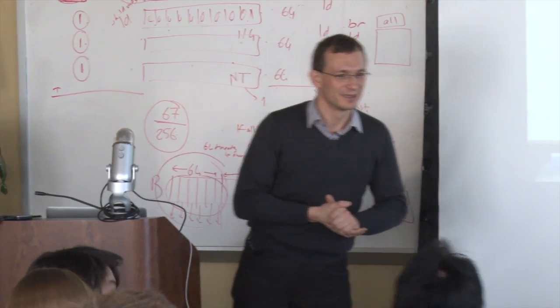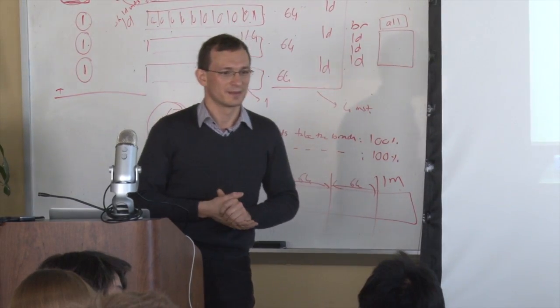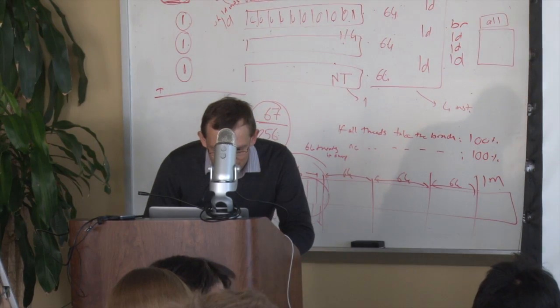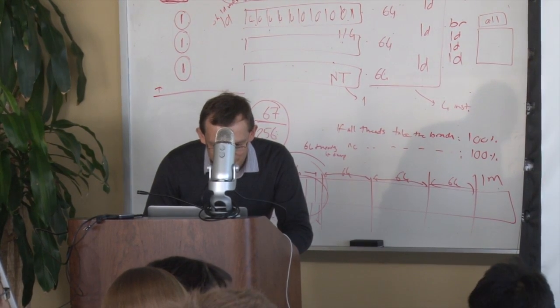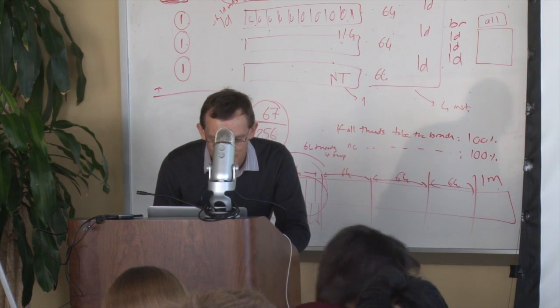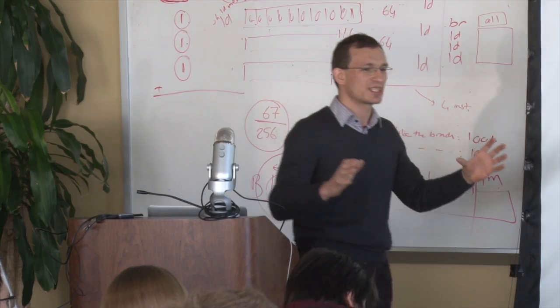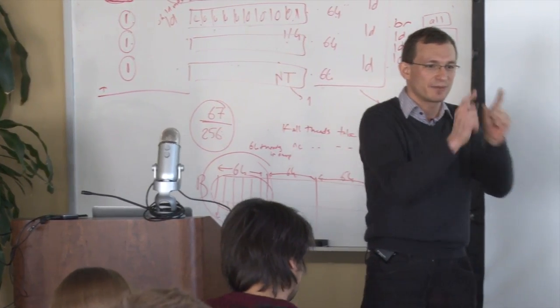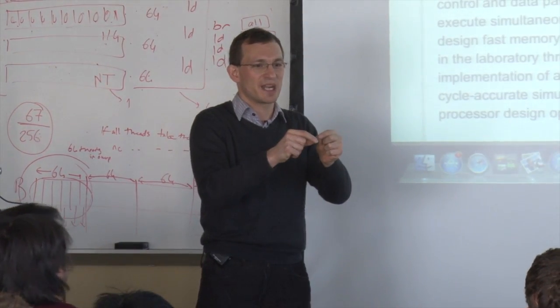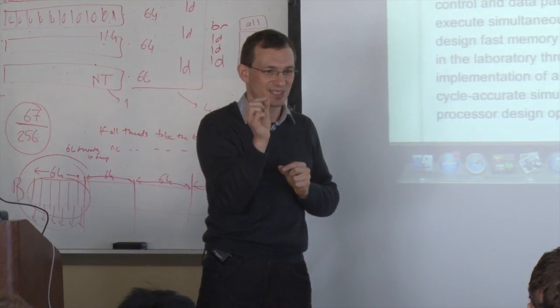Yes? Can you explain more thoroughly what predicate combining is? Oh, what predicate combining is. OK, that's a good question. Predicate combining, let's bring up the slides. But the basic concept is, instead of the compiler generating multiple branches for different conditions, condition testing, it combines the predicates together and generates one branch.